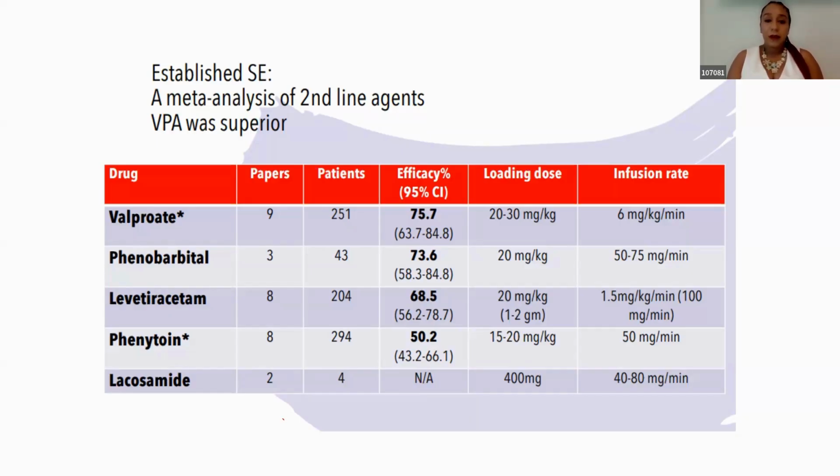The efficacy was 75.7% compared to, for example, phenytoin or fosphenytoin, which was 50.2. So based on meta-analysis, we know valproic acid and phenobarbital work well, but phenobarbital has so many adverse side effects. So we tend not to use that unless we're in that super-refractory status category.